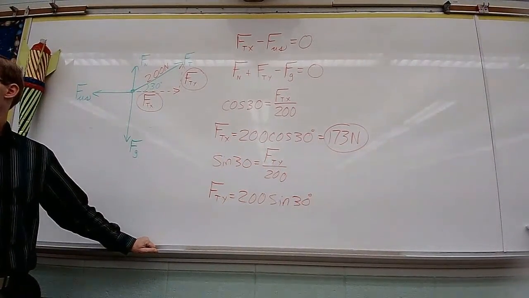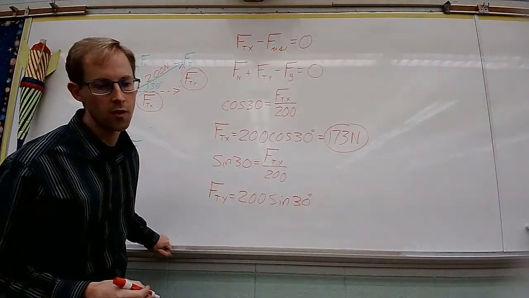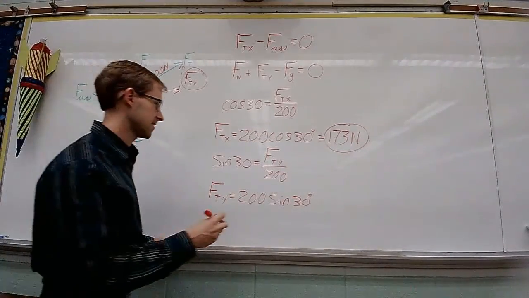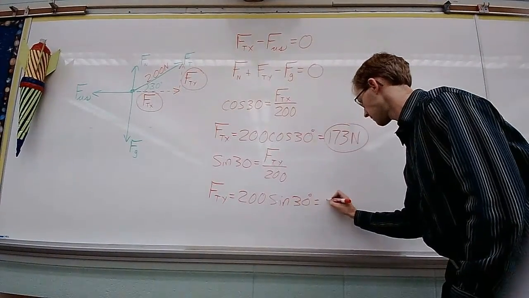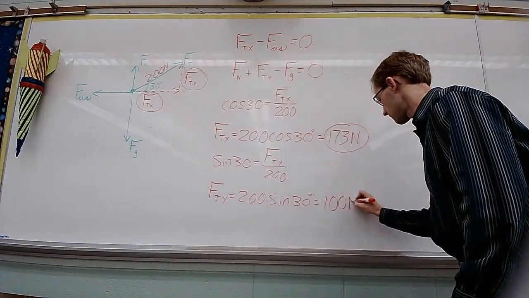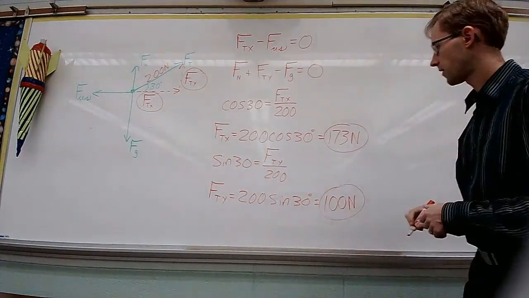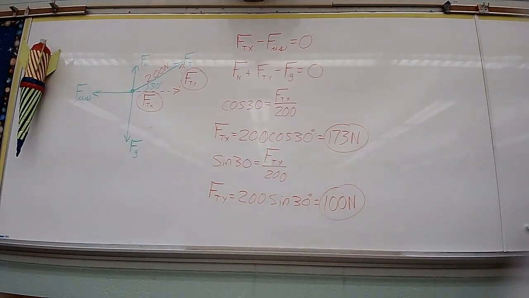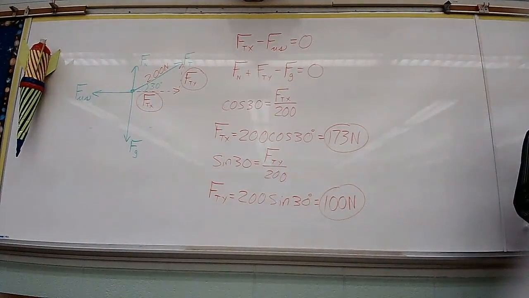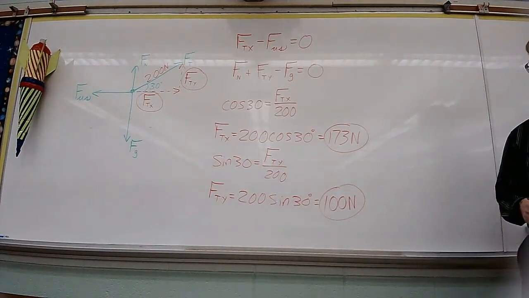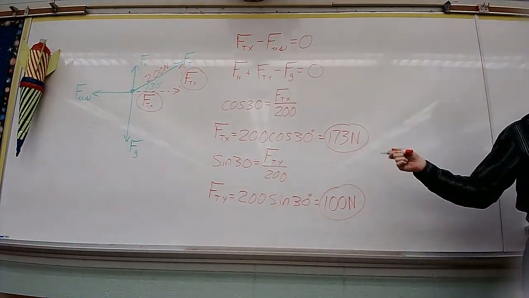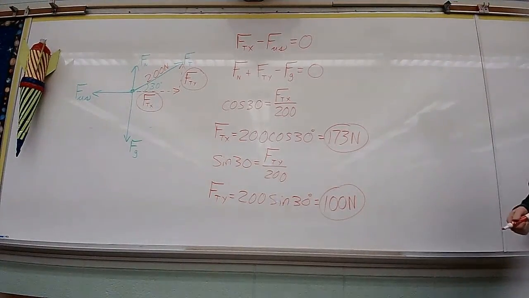So when you do that math, you'll end up with 100 on the dot. Questions up to this point? Guys, you're going to have to wrap it up back there. Everybody okay with this? Okay.